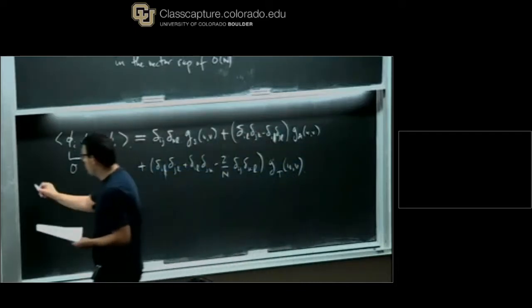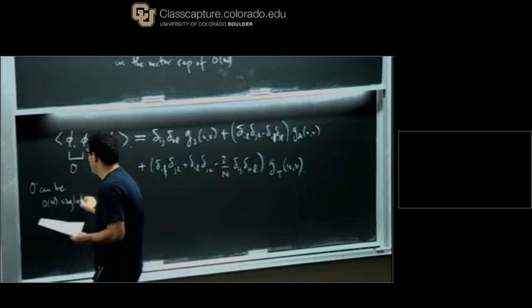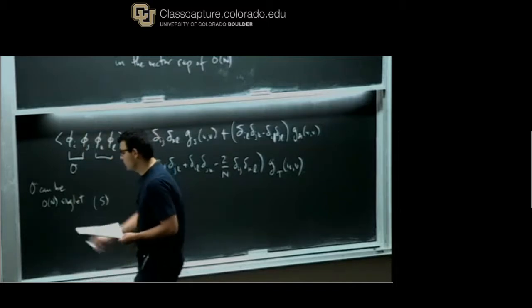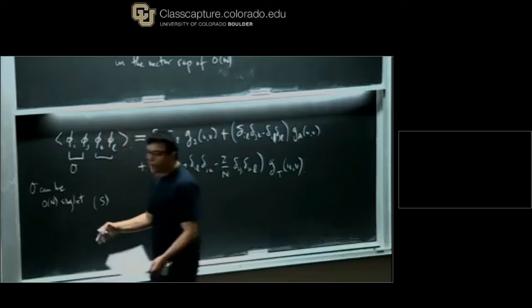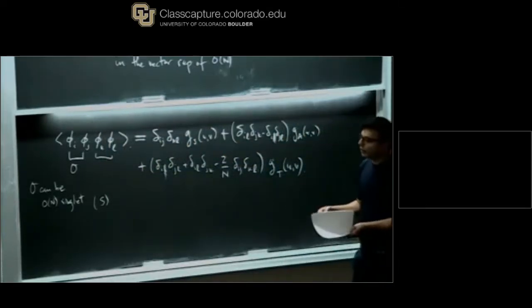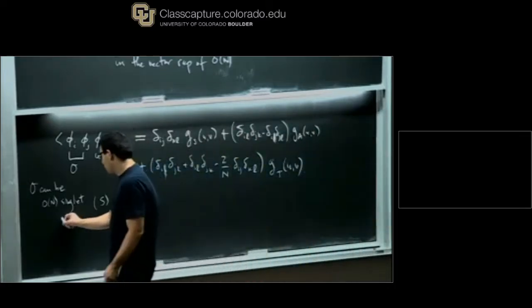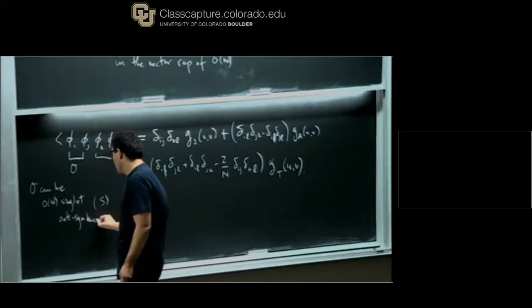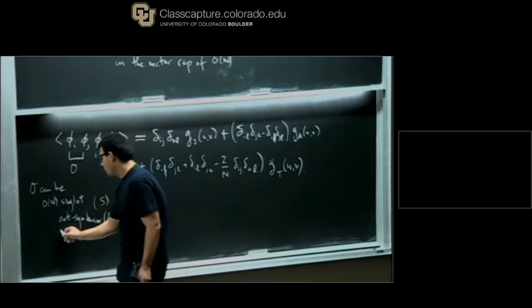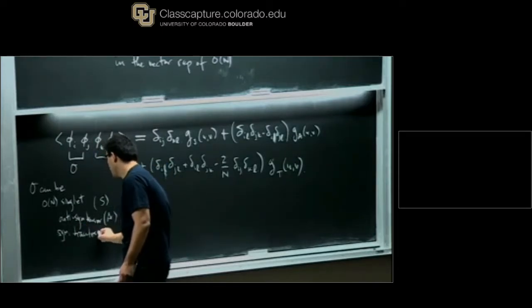So O can be an O(N) singlet, I'll call that S. If we contract the indices, we get a singlet, an antisymmetric tensor, or a traceless symmetric tensor. So O(N) singlet, O(N) antisymmetric tensor, I'll call that A, and symmetric traceless, I'll call that T.